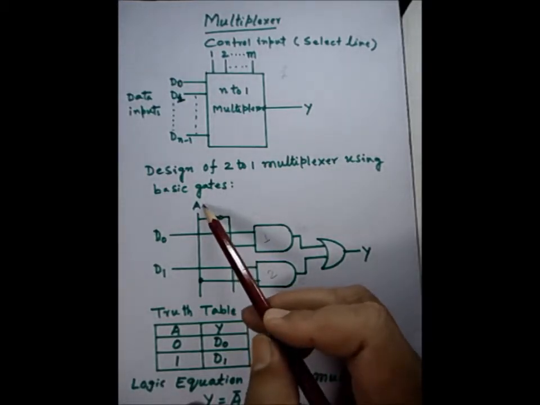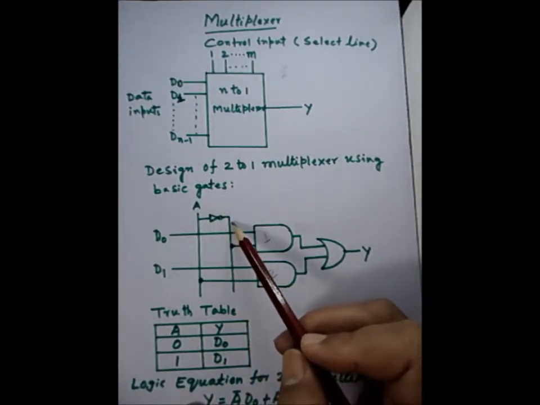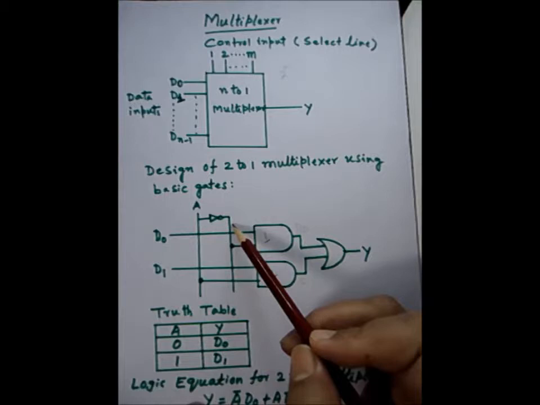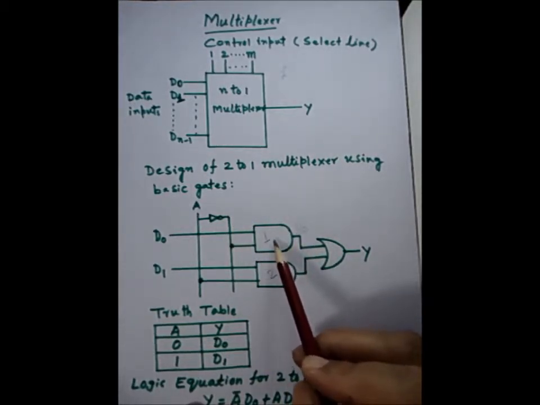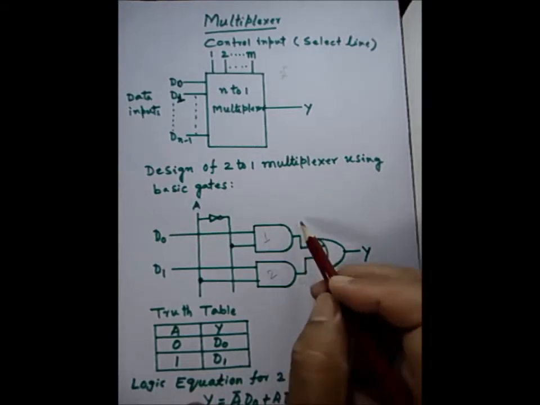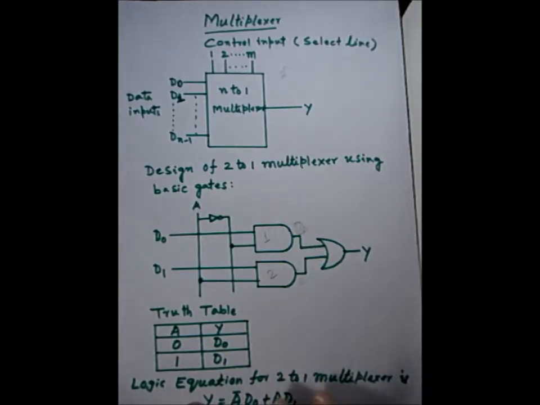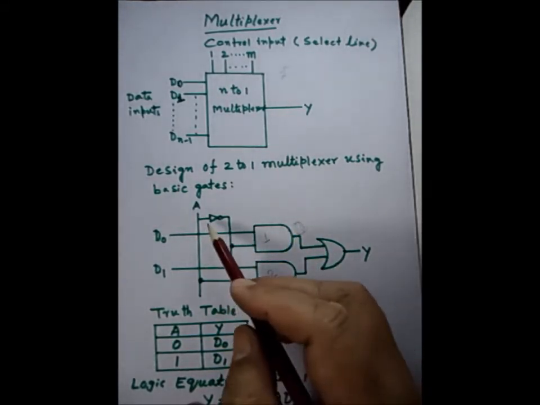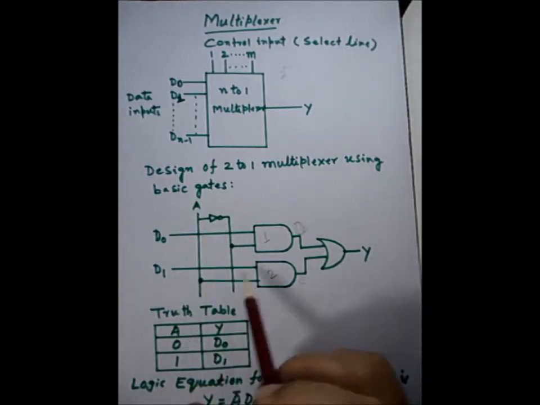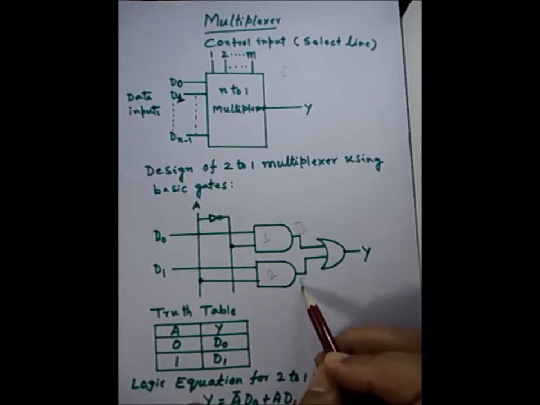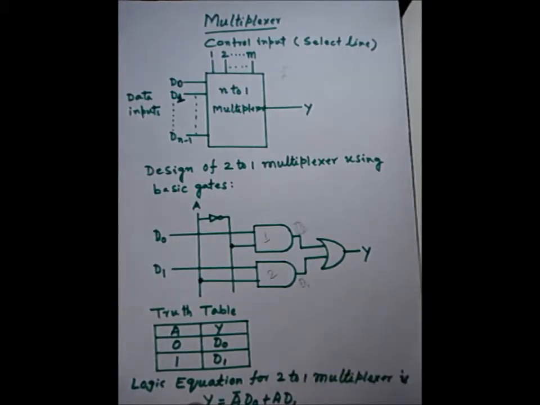When A equals 1, the complement of A equals 0, and as a result the output of AND gate 1 becomes 0. In gate number 2, A is equal to 1, so the output will be D1. As a result, the output Y will be equal to D1.